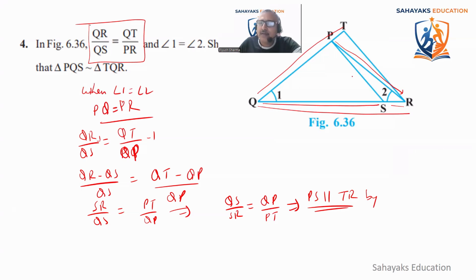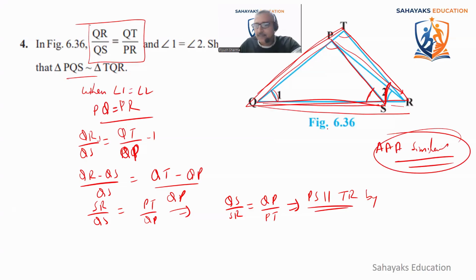If these two lines are parallel, we can say that this angle is equal to this angle, because the lines are parallel, and we can say this angle is equal to this complete angle. Okay, and the third angle is any which is common. So by AA similarity, these two triangles are similar. Which triangles are similar? Triangle PQS and the complete triangle TQR are similar by AA similarity.